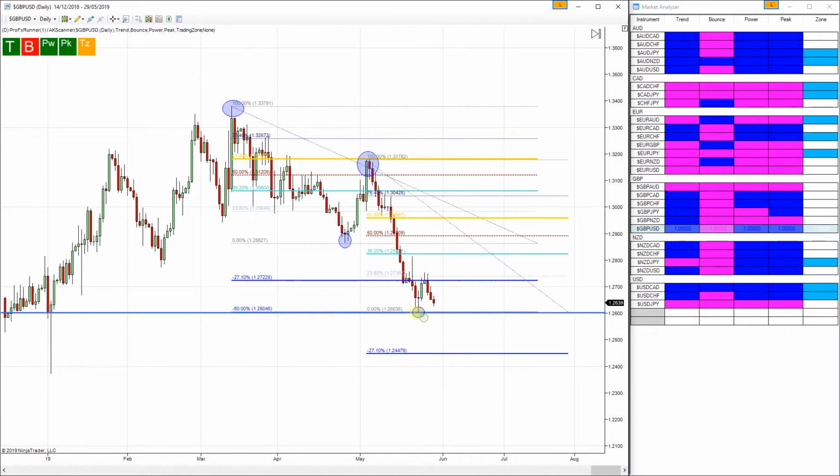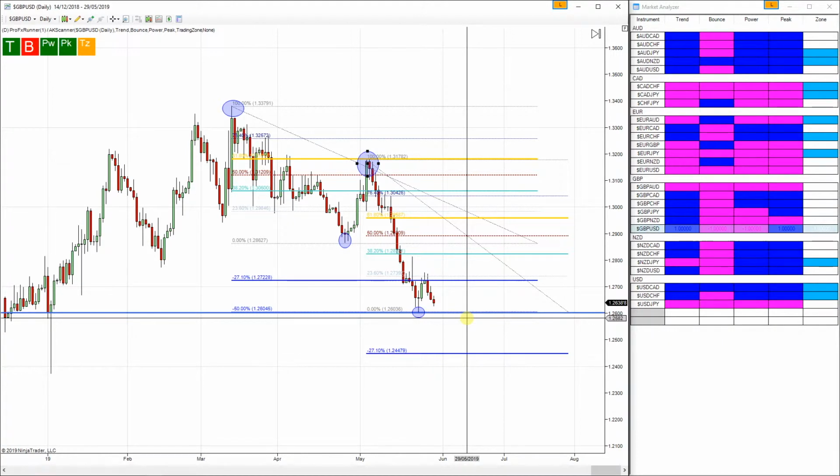So this is the ABC, so A and B, and it's bounced off not only the 27 level from this and this one, but it's also retraced back to the 2360 level. It's extraordinary, isn't it, how the markets follow these patterns over and over again. And if they do that and we understand how to use them, we can use them to our advantage moving forward. So what does this tell me?